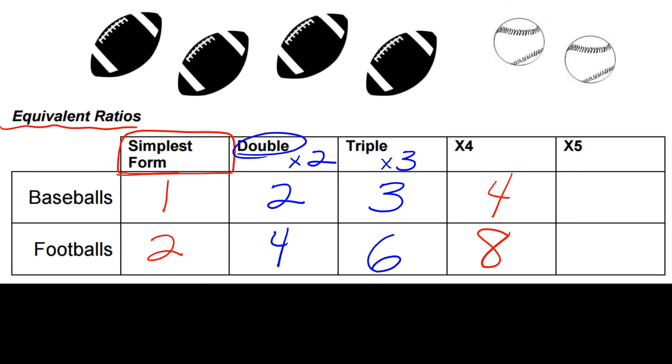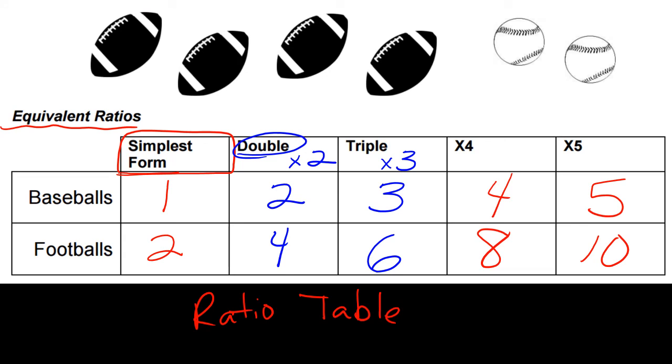I can say that for every 5 baseballs, there are going to be 10 footballs. And so it's a way to figure out different problems. If it asks whether these ratios are equal or equivalent, you can use this lovely little ratio table, call this a ratio table, to figure out if your ratios are equal.